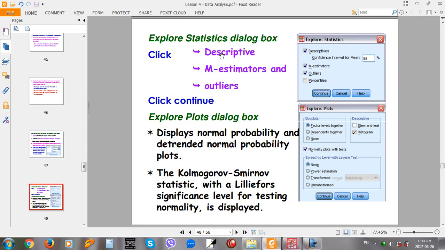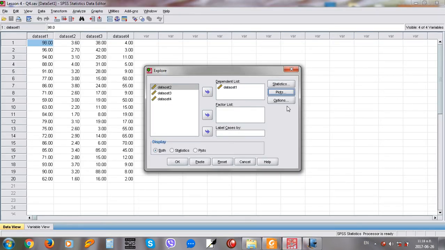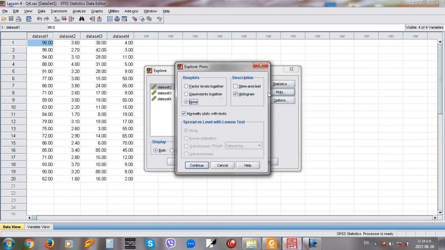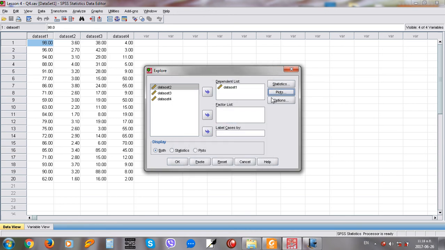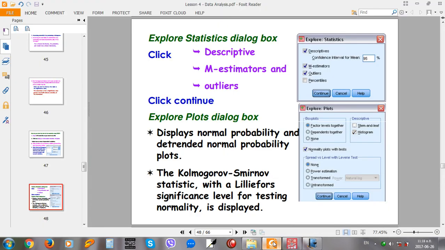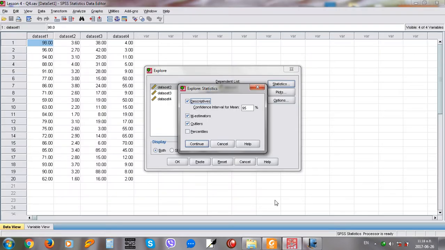Right. So then we can go to the Statistics box. Then Descriptives, M-estimators and outliers. Here in Statistics we can click Descriptives, M-estimators and outliers.